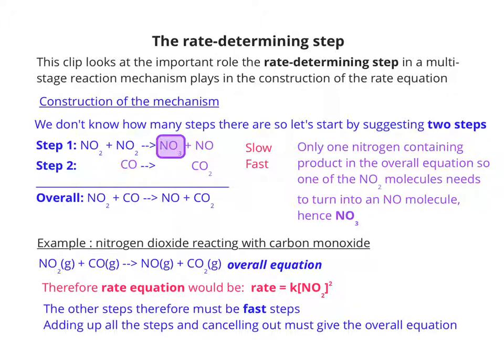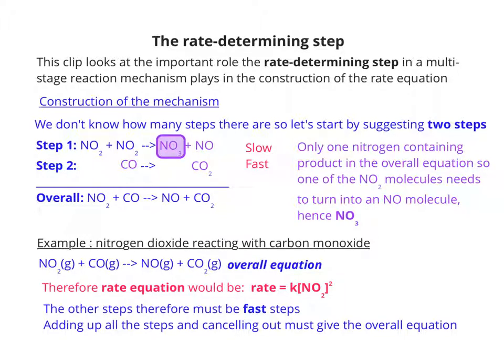Now there's only one nitrogen containing product in the overall equation, so that's nitrogen monoxide. So one of the NO2 molecules needs to turn into that nitrogen monoxide molecule. So to do that, it's got to lose an oxygen to the other one. So one nitrogen dioxide takes an oxygen from the other nitrogen dioxide to make NO3.